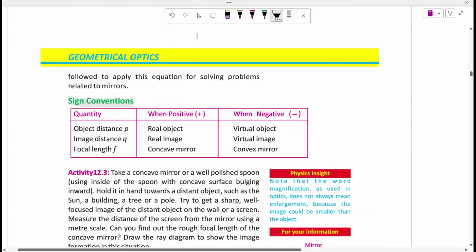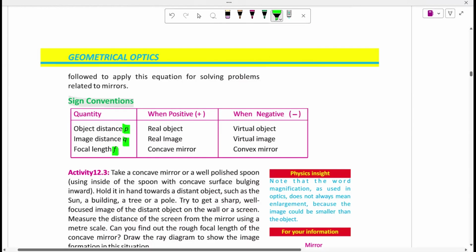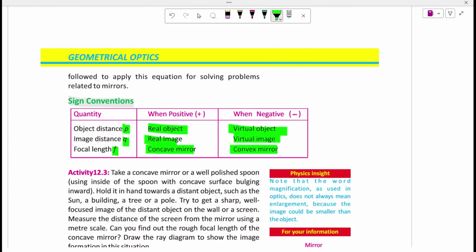This is a very important table that would come in handy in exams for numericals and MCQs as well. So object is written as P, image is Q, and F as focal length, as I explained to you before. Real object, real image, concave; virtual, virtual image, convex. ठीक है?